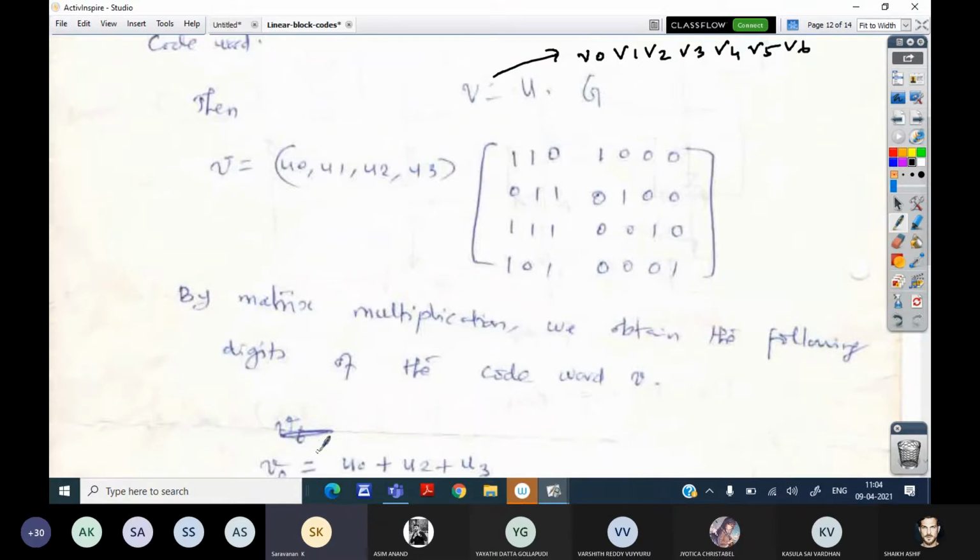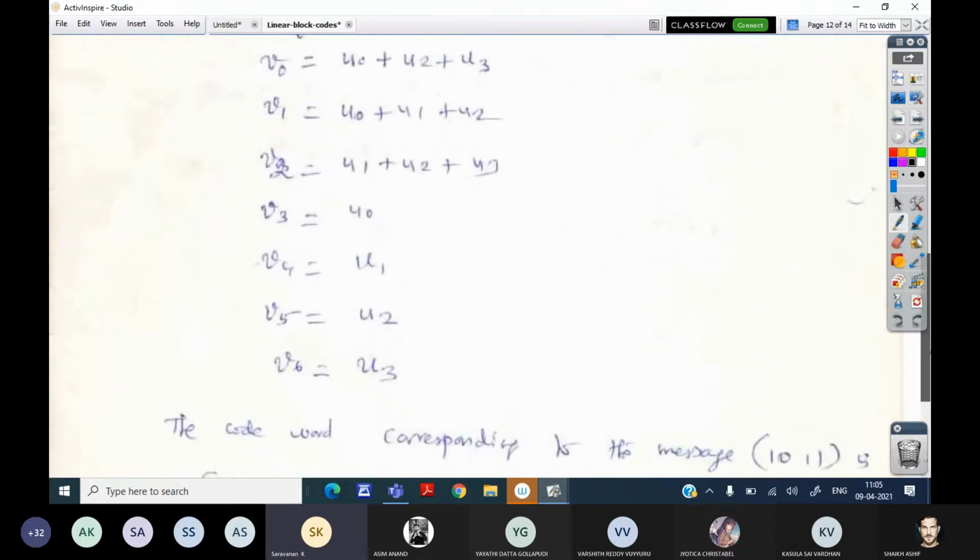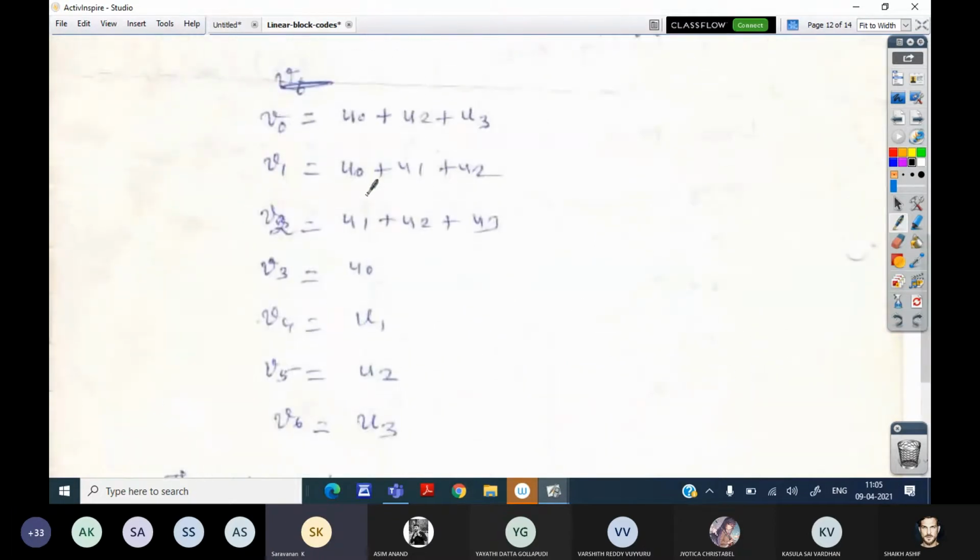How to find V0? Just multiply U0 with 1, U1 with 0, U2 with 1, and do the XOR operation. Simply in terms of U0, U1, U2, U3, you get V0. In the same way, you get the remaining bits. V1 is U0 plus U1 plus U2. Then V2 is U1 plus U2 plus U3.